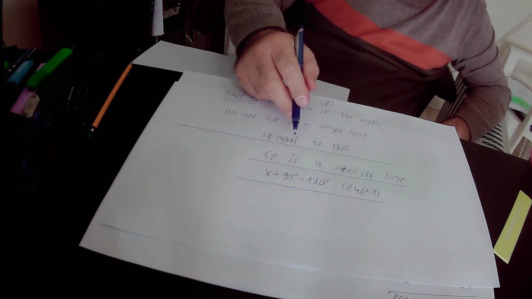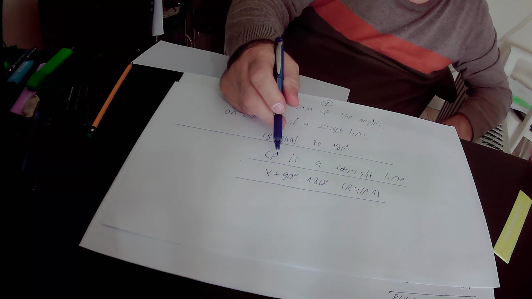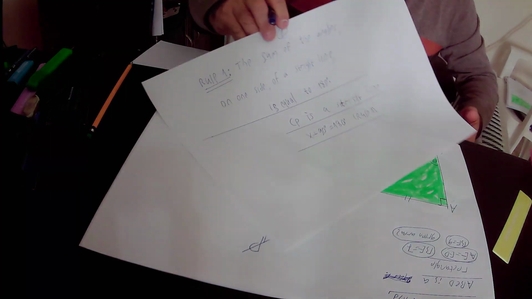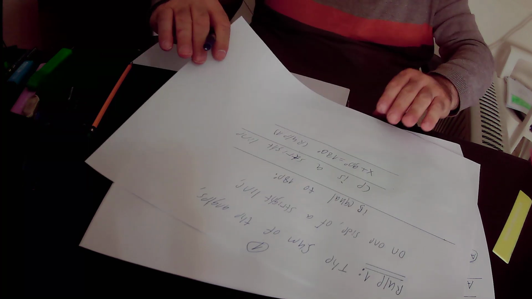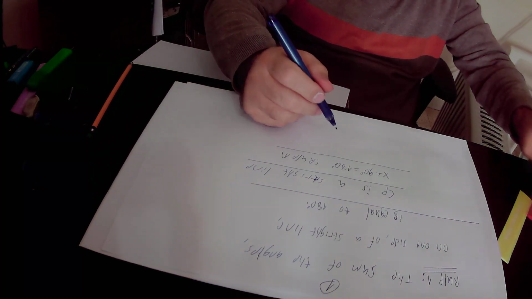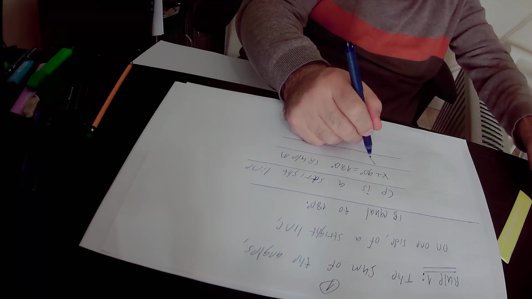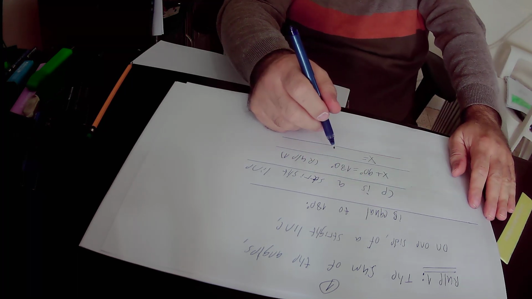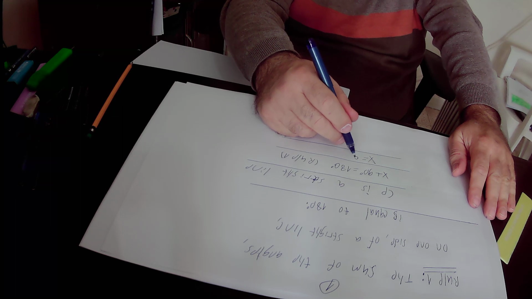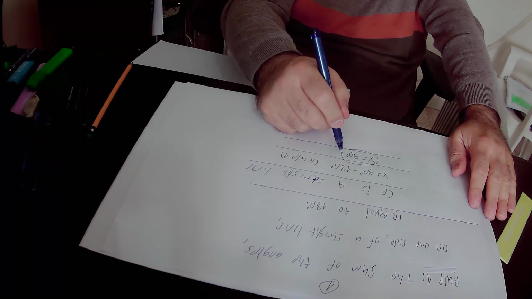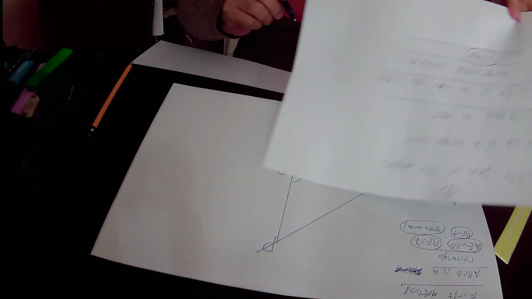So here we subtract 90 degrees and we get x equals 180 degrees minus 90 degrees, which is 90 degrees. So we found out that angle x is a right angle, that is to say it equals 90 degrees.